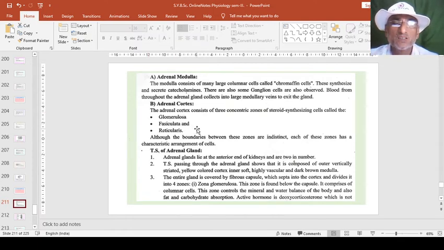The adrenal cortex consists of three concentric zones of steroid synthesizing cells called the glomerulosa, fasciculata and reticularis. So these are the three zones of the adrenal cortex. Although the boundaries between these zones are indistinct, each of these zones has a characteristic arrangement of the cells.